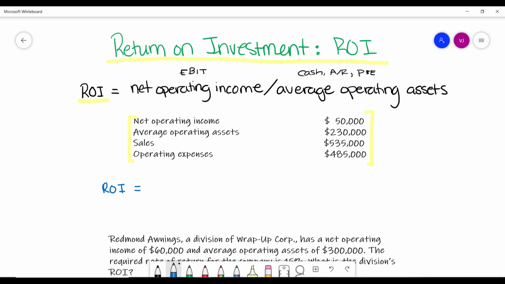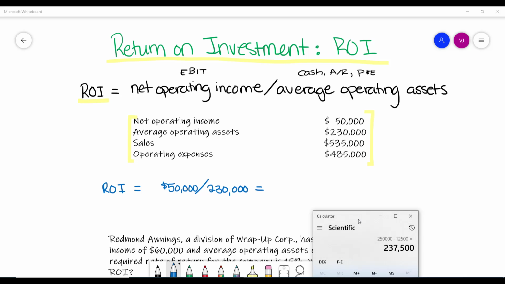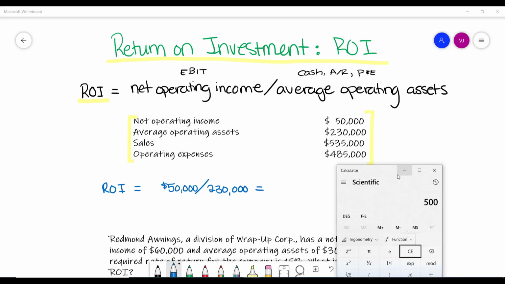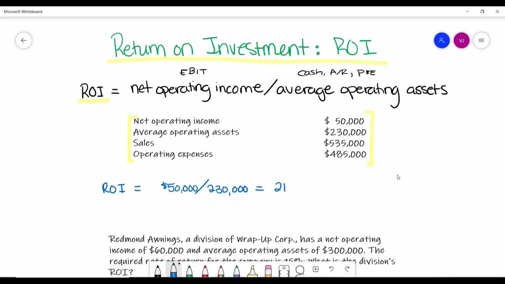The net operating income here is $50,000, and we're going to divide this by our average operating assets of $230,000. 50,000 divided by 230,000 is about 21.7%.